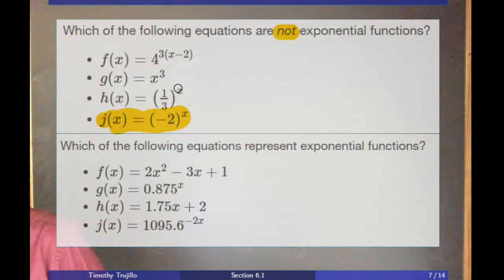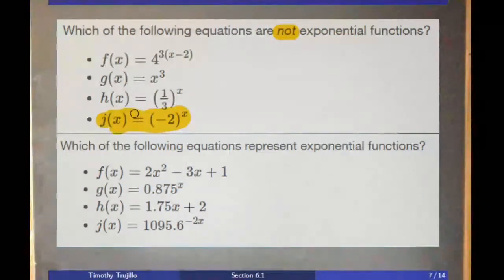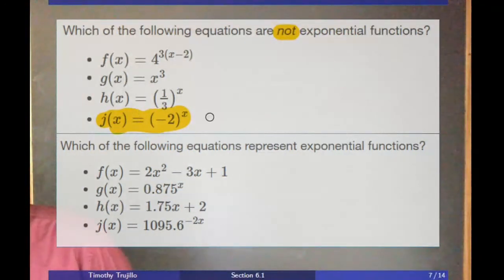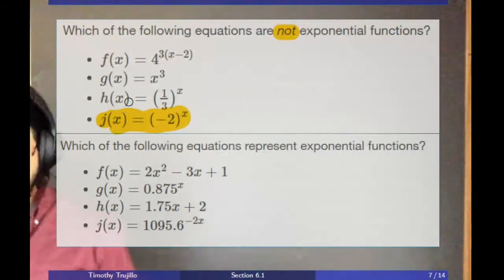So in this case of h, what is the a? The b is 1/3. Yeah, so if you don't see anything out in the front, the a is just going to be 1, right? And you can also figure it out by plugging in x is 0, and 1/3 to the 0 would be 1 as well, right? Because it corresponds to the y-intercept. So this is an example where the base is 1/3, and that a value is 1.